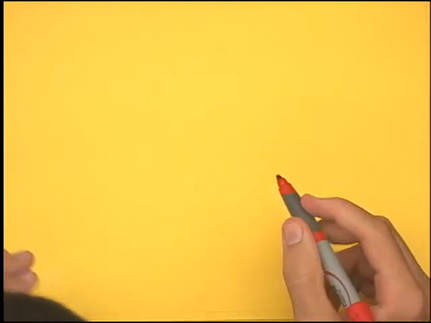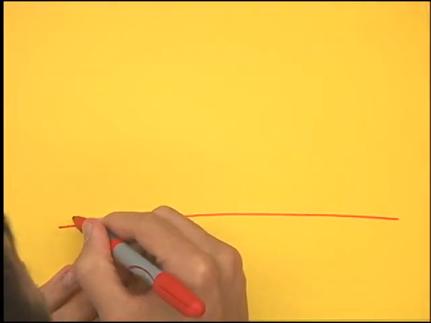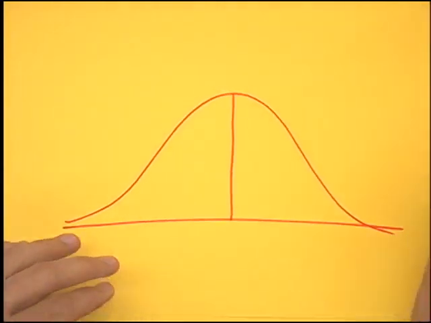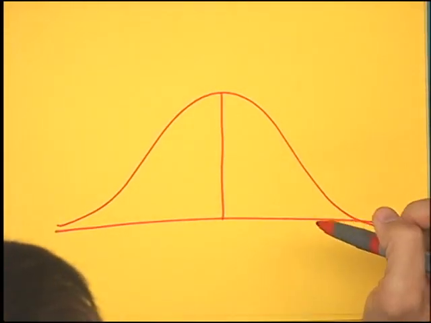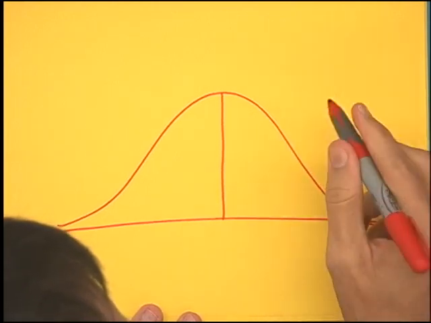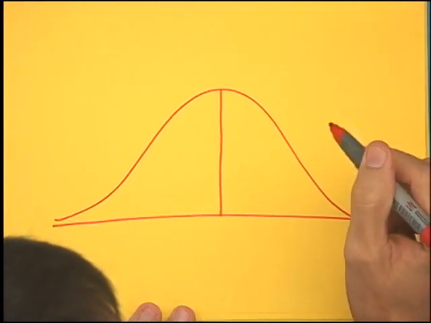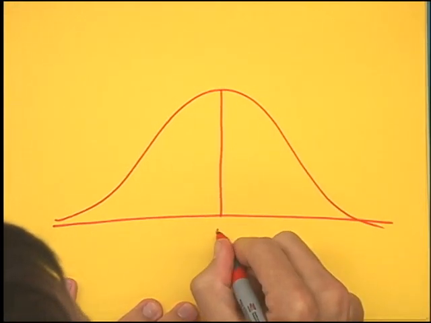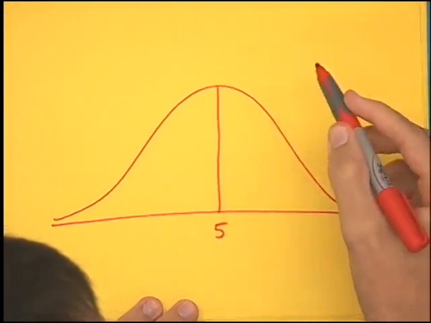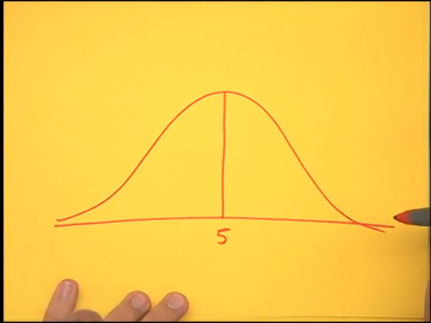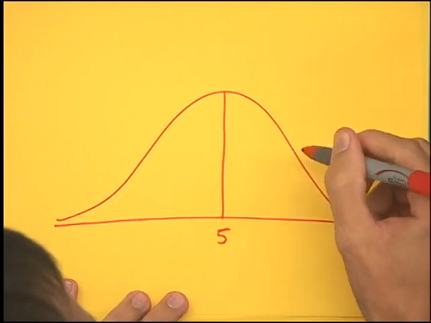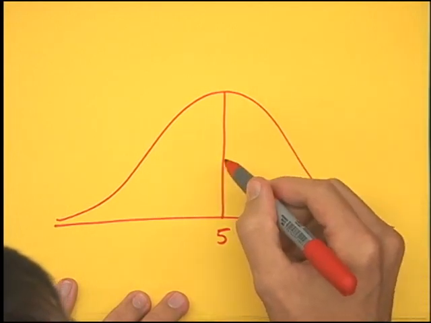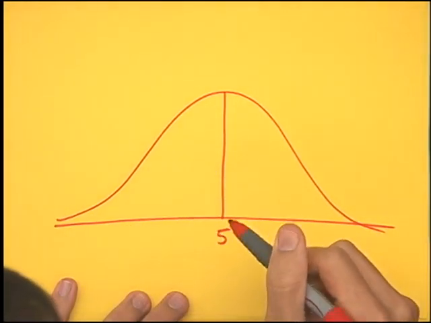Okay, let me draw another normal curve here. When you have a probability function like the normal curve and you draw it like this, you can think about the area under the normal curve as the probabilities, right? So if this is the mean, let's say that this is a normal curve with mean 5, right? So that actually means that if I do a random draw from this normal curve, then the probability that I get a number greater than 5 is 50%, and the probability that I get a number less than 5 is 50%.